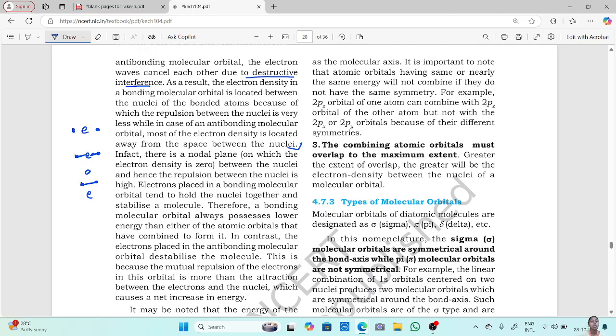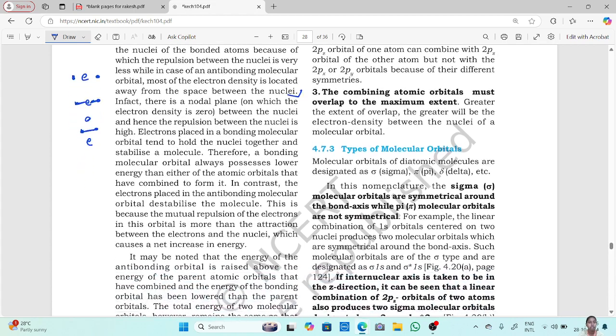In fact, there is a nodal plane on which the electron density is 0. That means there is no electron between the nuclei, and hence the repulsion between the nuclei is high. That is mostly seen in antibonding molecular orbitals. Electrons placed in bonding molecular orbitals tend to hold the nuclei together and stabilize the molecule.